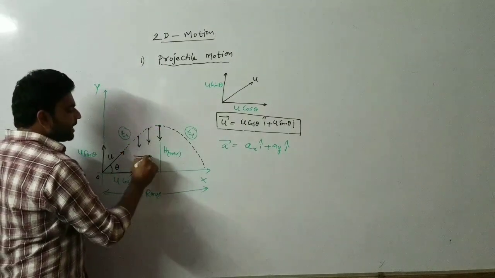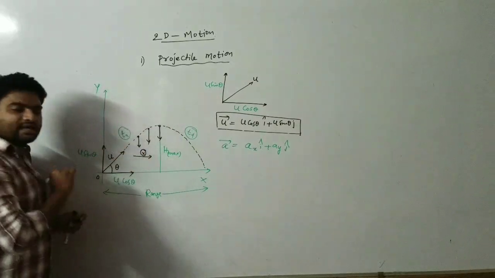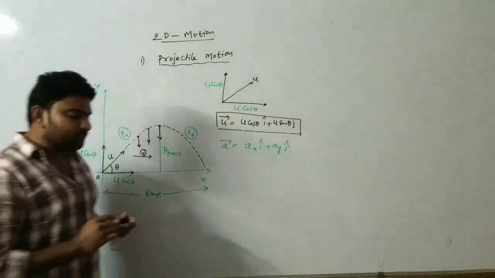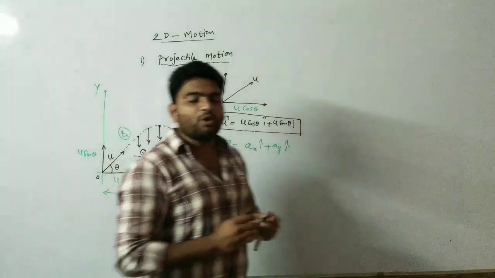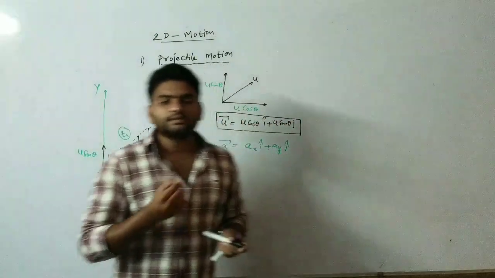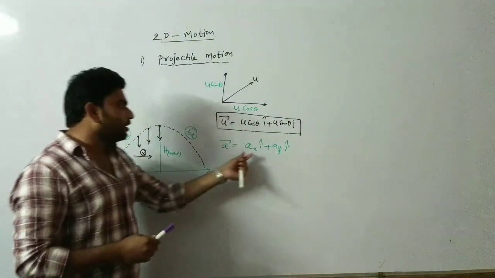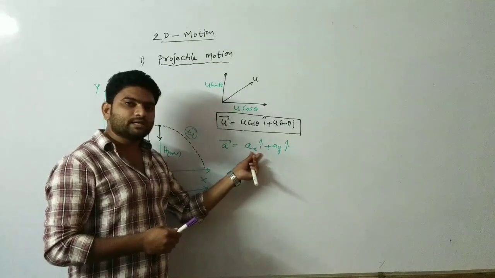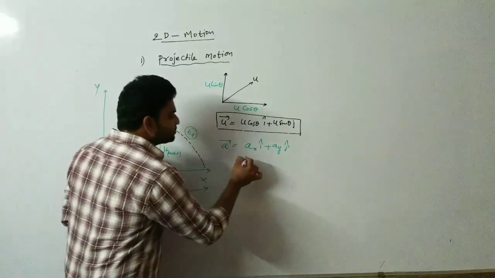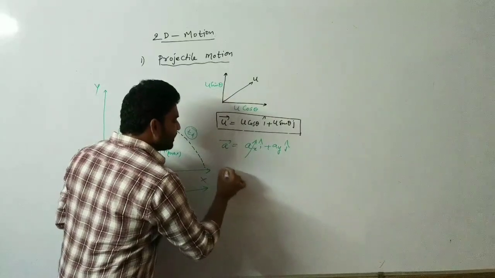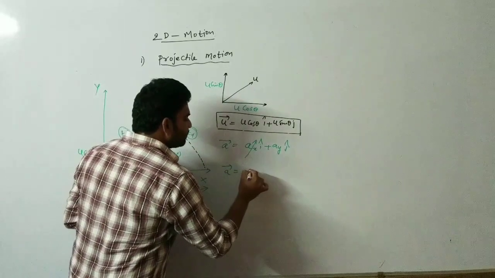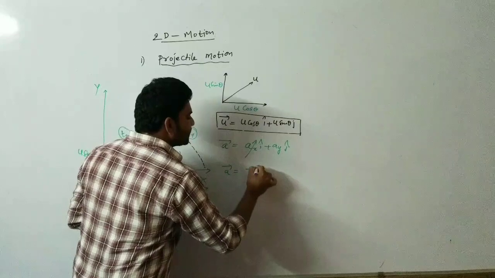There is no horizontal acceleration, because along the horizontal the body is moving with uniform velocity, and when a body moves with uniform velocity there is no acceleration. So that term is 0, and finally my acceleration vector becomes minus g into j cap.